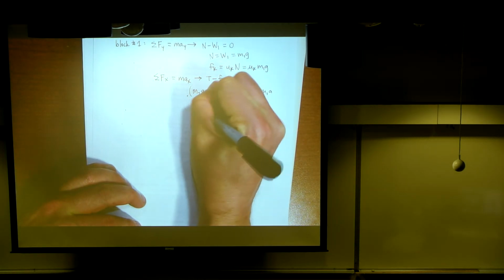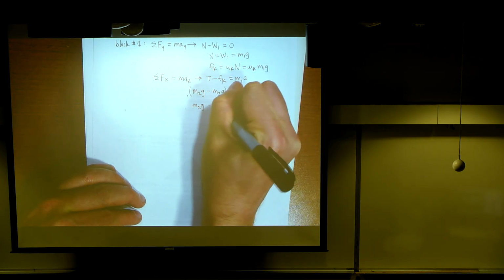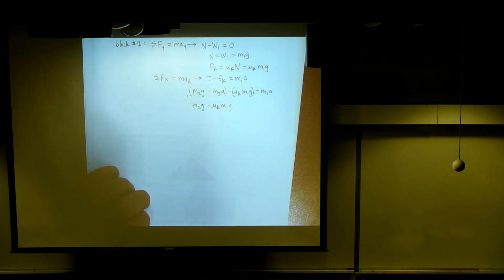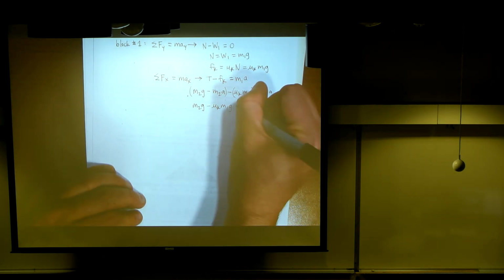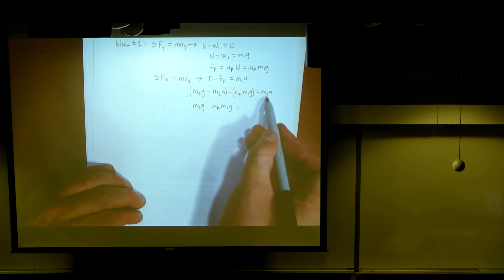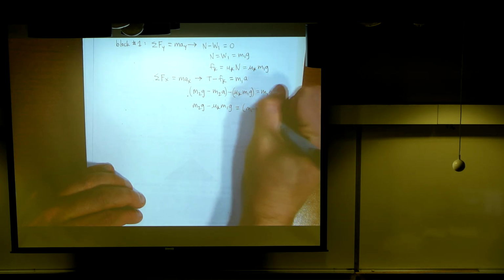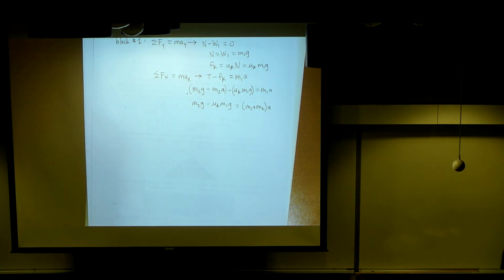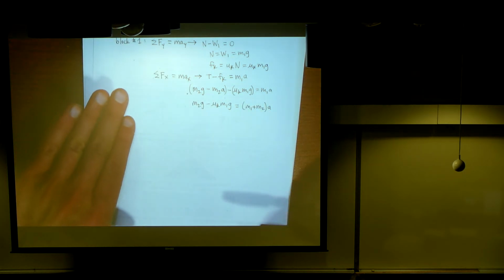So here I have M2 times G, and then minus mu K M1 times G. And then if I take this term, which is minus M2 times A, and I add it to both sides, then I'm going to have M1 plus M2 times A on this side of the equation. I'm just shuffling the terms around, right?